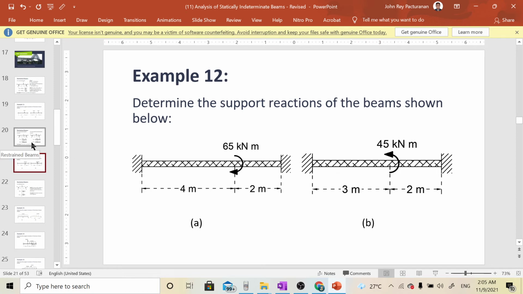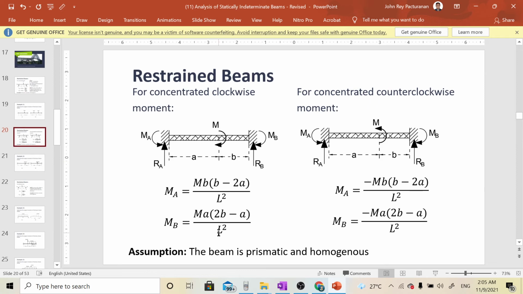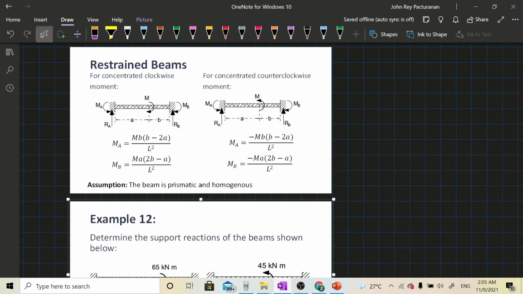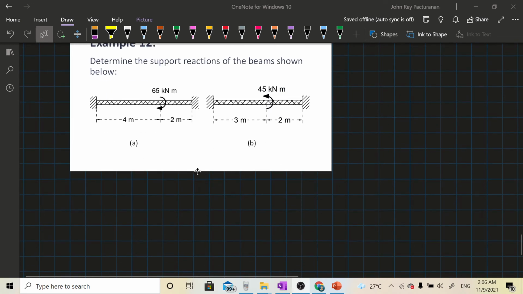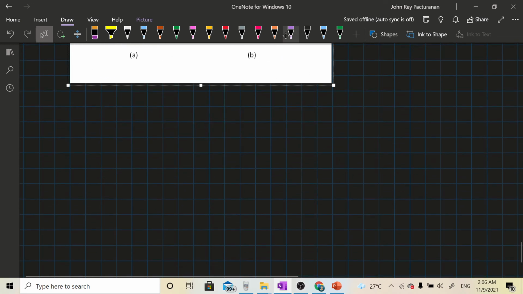So yun lang, no? Ang gagamitin lang natin itong formula na to for clockwise moment, while this one is for counterclockwise moment. So let's start solving them. So sige, starting with the beam A. So sulat natin siya.